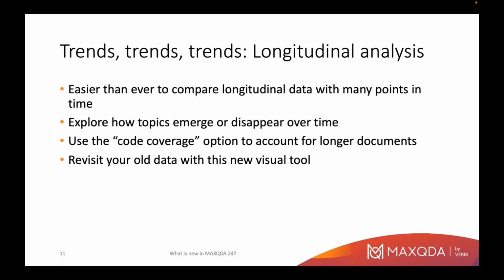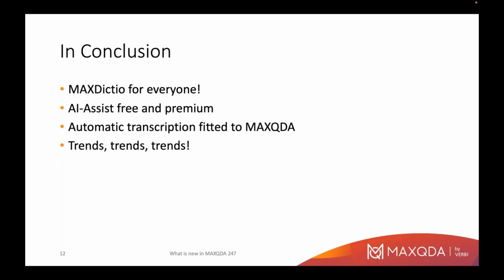So that's it in a nutshell. New pretty interface that I think makes some steps in a good direction. MAXQDA now available for everyone. Try it out. Keyword in context is a feature that I also like very much. Word frequencies, dictionaries, AI Assist. You can now use it for free continuously or get the premium version.